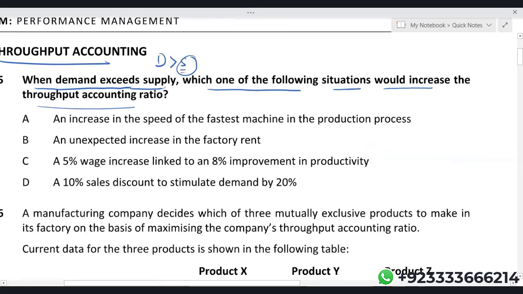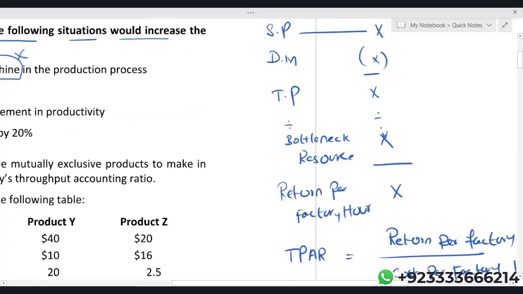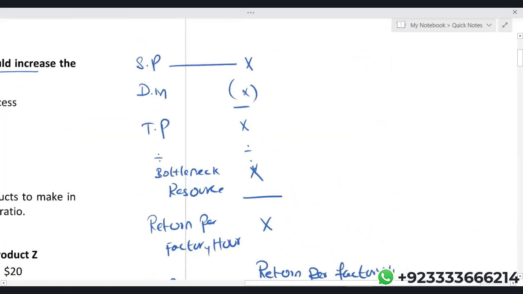So how to improve the throughput accounting ratio? A says an increase in the speed of the fastest machine. Incorrect. When we calculate the throughput accounting ratio, we first calculate throughput per unit, then this throughput is divided by the bottleneck resources.